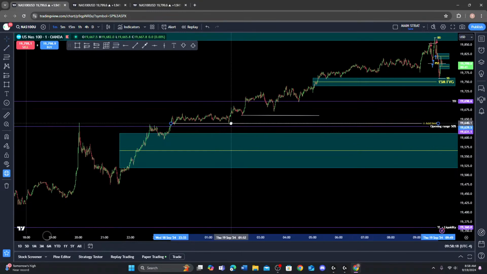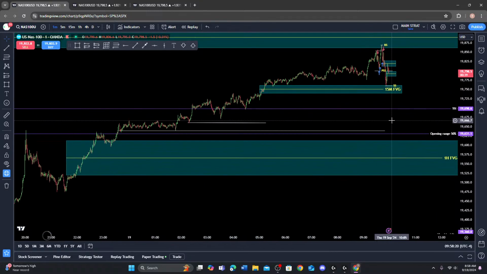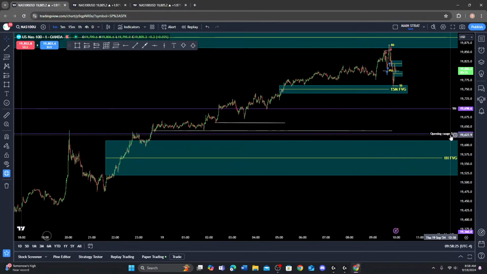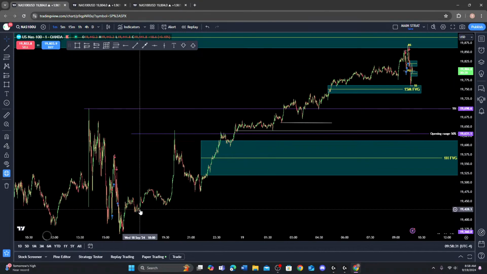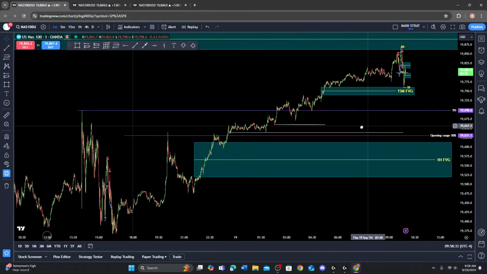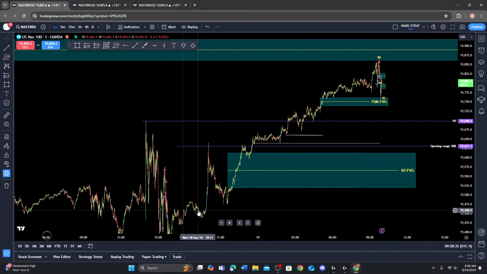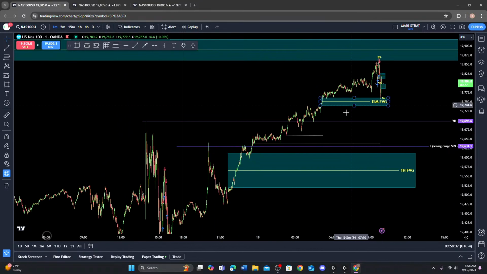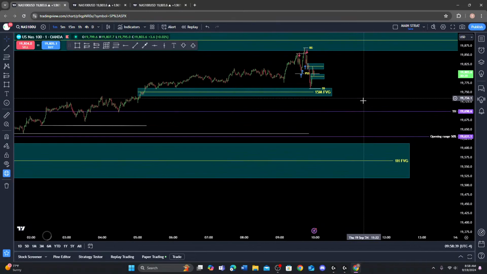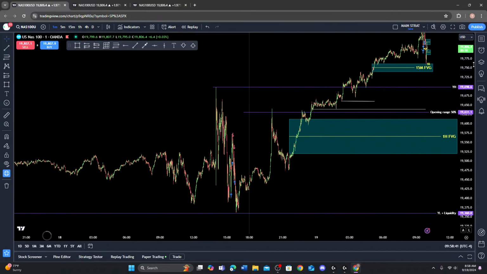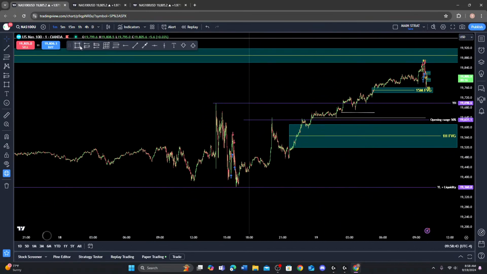The reason for making the draw all the way down to this opening range, or the opening range gap from 9:30 to previous day's close, is because we have a huge bull run that I think is like 400 handles. Pretty huge.